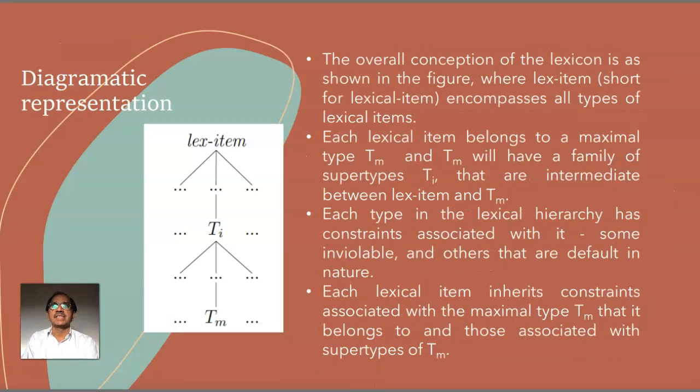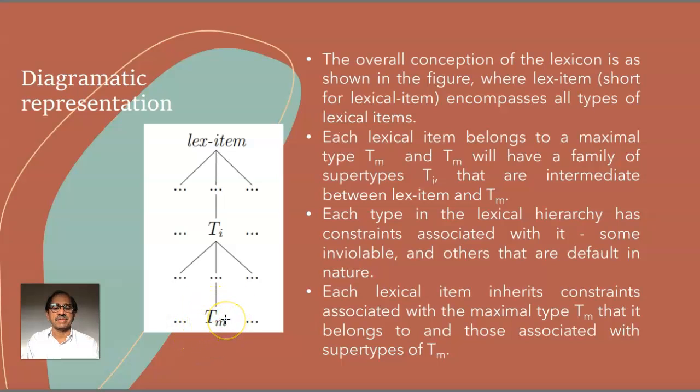Let's represent this diagrammatically. Overall conception of lexicon is as shown in the figure. Let's say this is how we are going to have the lexicon concept, where lex-item is a lexical item. So lex-item is the short form, which will have all the types of lexical items. And each lexical item belongs to a maximal type, TM.